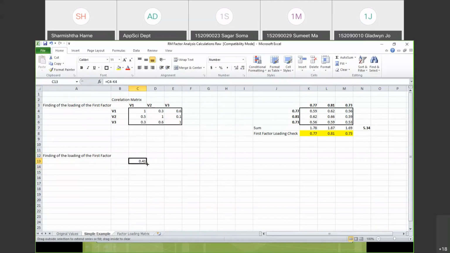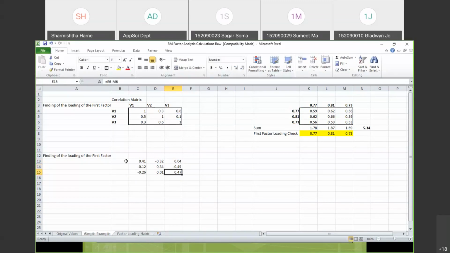ड्रैग करके देखा जाएगा क्या होता है. No, let us see actually what happens. We might have to manually do it. Okay, nice. Yeah.